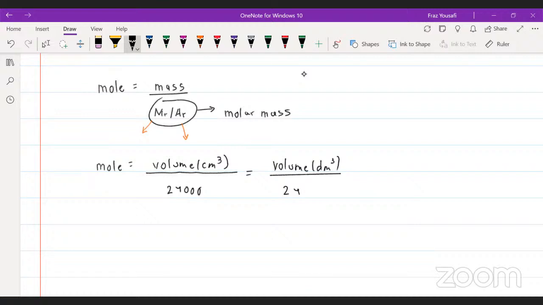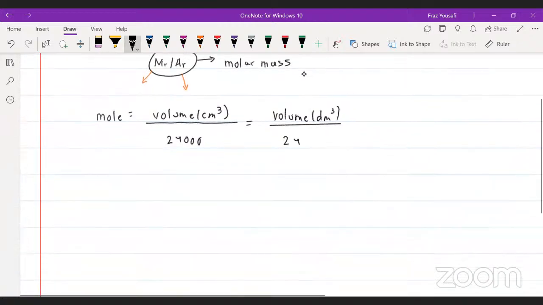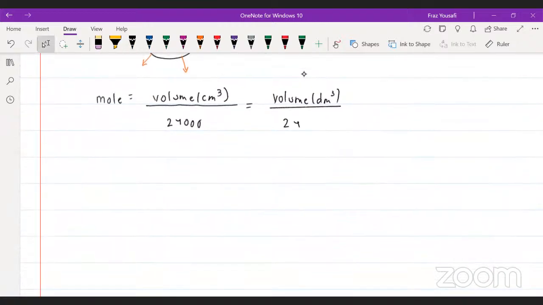All right. Now, this is for gases at room temperature and pressure. Okay.